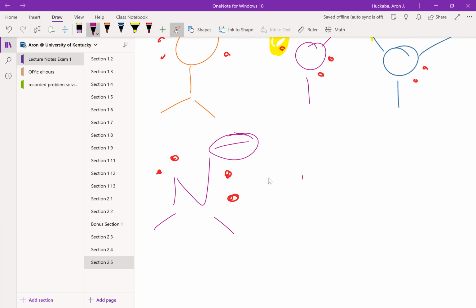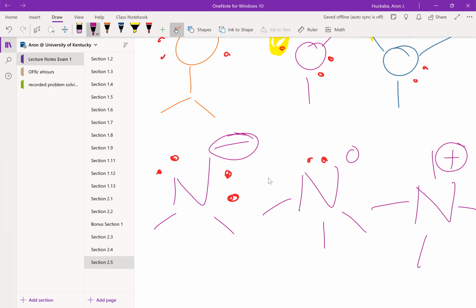Similarly, a nitrogen with 3 bonds, 6 bonding electrons, and a charge of 0 has 1 lone pair, and a nitrogen with 4 things bonded to it, that is 8 bonding electrons, and a plus charge has 0 lone pairs.